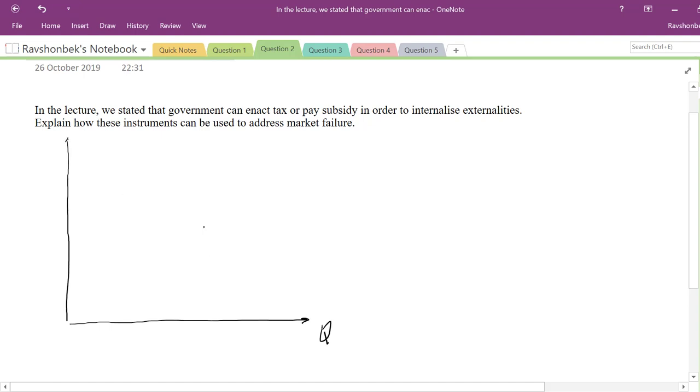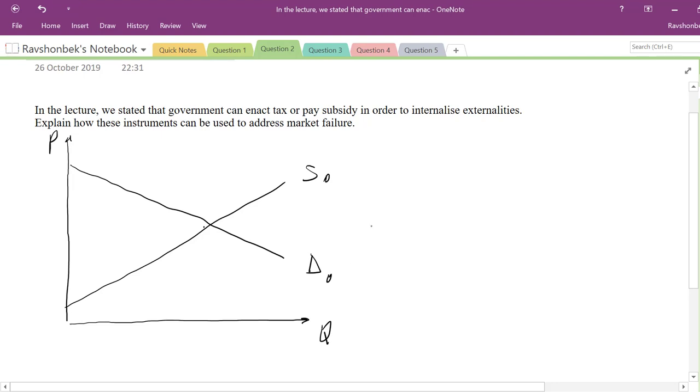This is Q. This is P. So again, we have the supply curve. We have the demand curve. Now, this is 0, 0. So these are the original demand and supply curves.